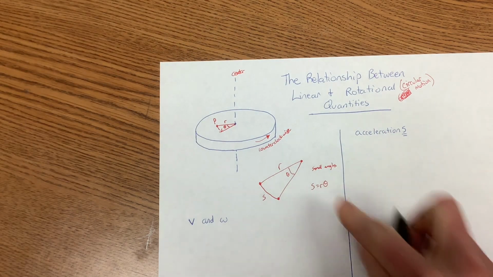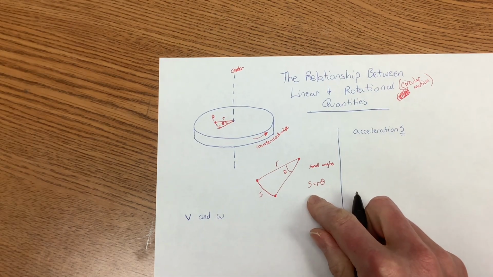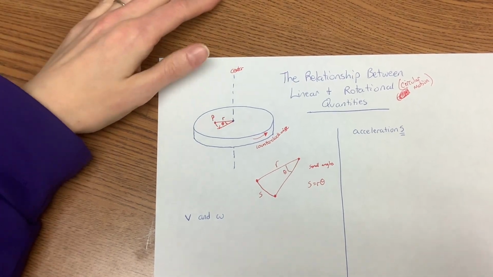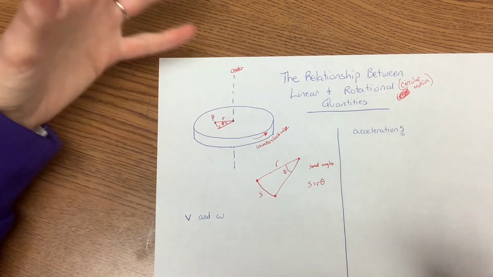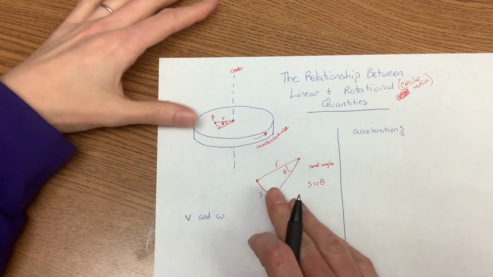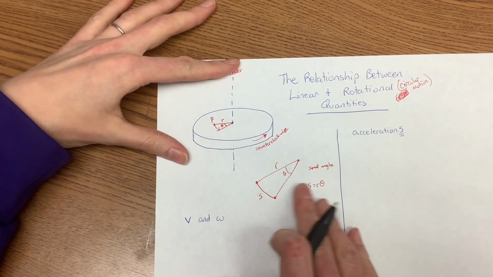If you need to see this again, I want you to come find me. S equals R theta works for small angles and not a whole lot of other things. Big angles, it doesn't work, but it kind of does. Okay, but we're going to use this. So S equals R theta.